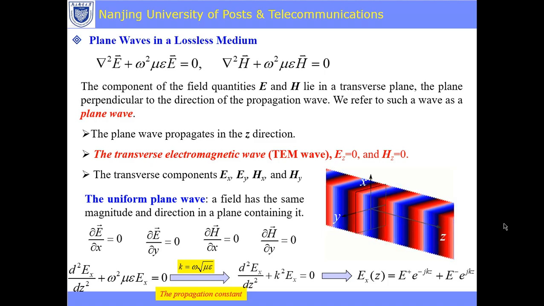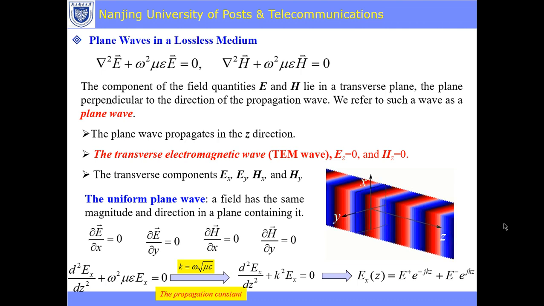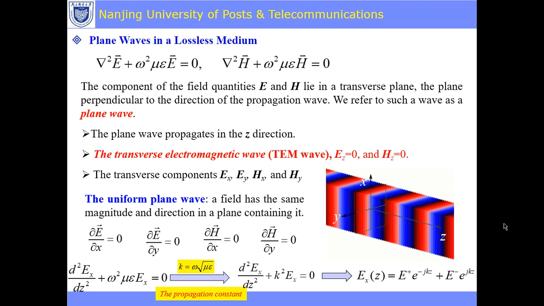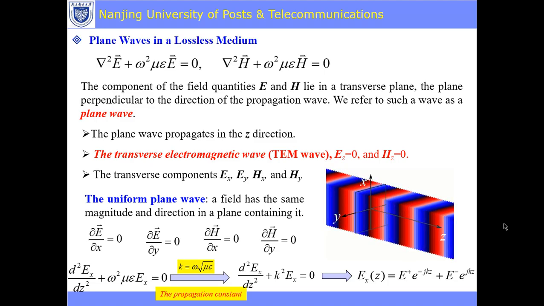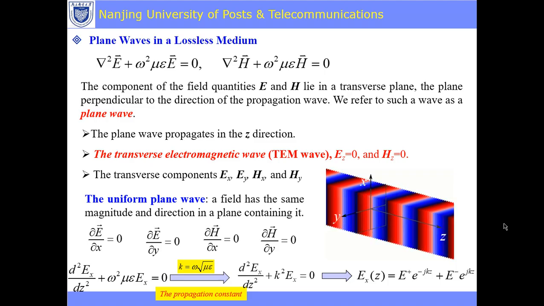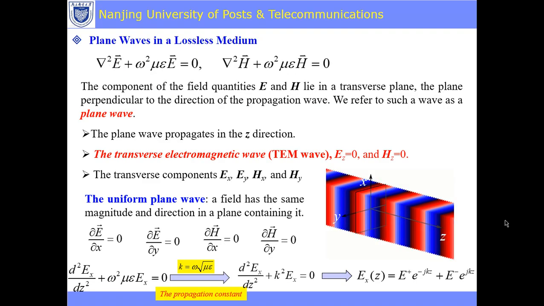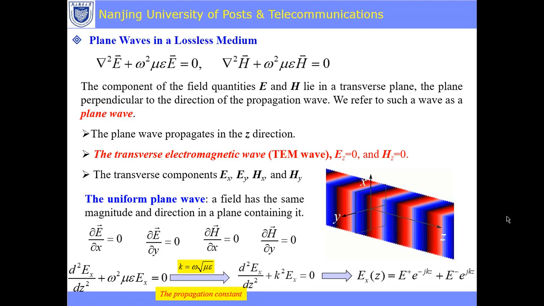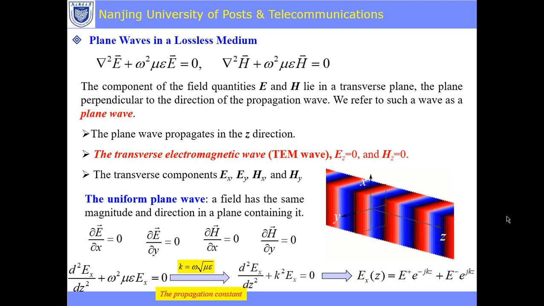If we plug those values into the plane wave equation, the propagation constant k is equal to this. It's called the propagation constant. What does it mean if they are equal to 0?